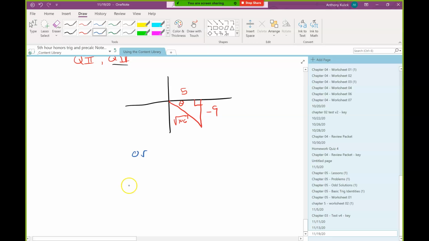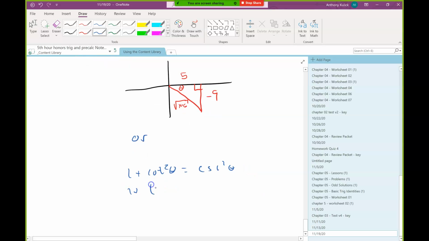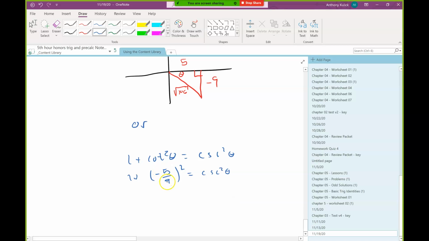So I know that 1 plus cotangent squared is equal to cosecant squared. So I can say 1 plus -5/9 squared is equal to cosecant squared. So that's 25 over 81 plus 1, which is 106 over 81.